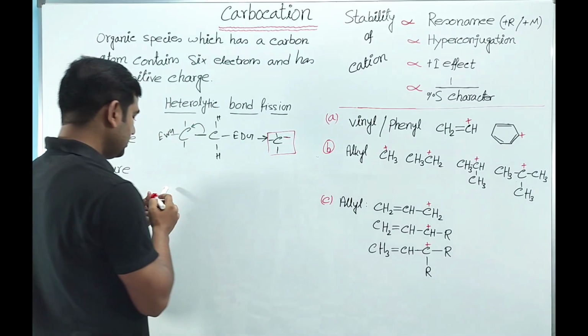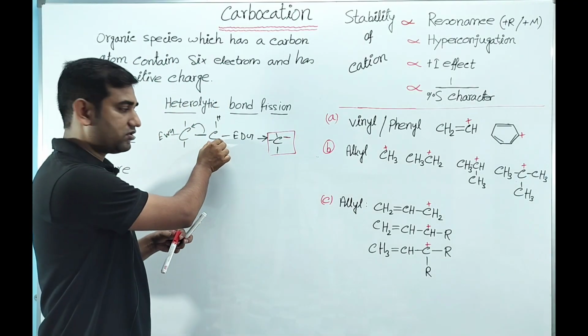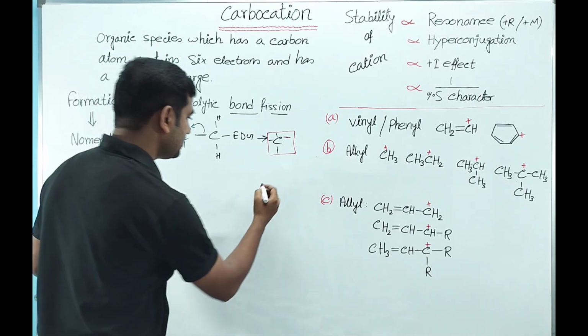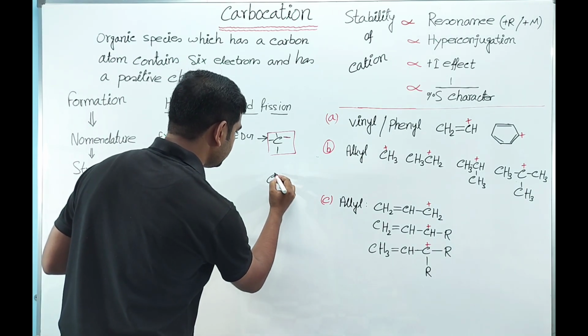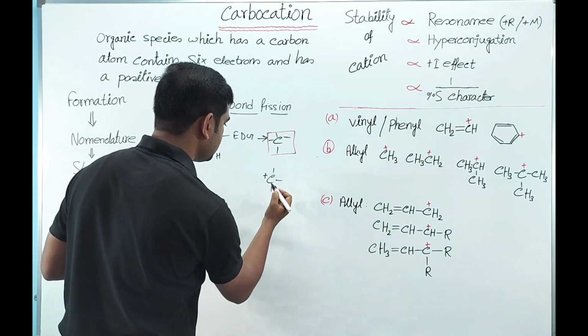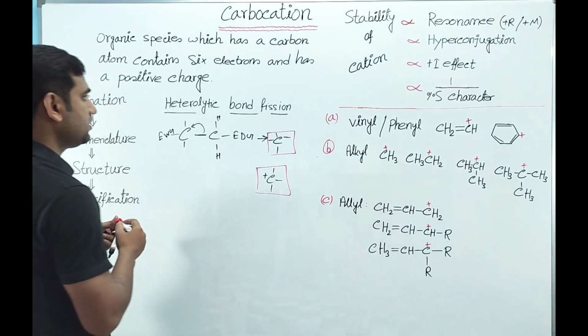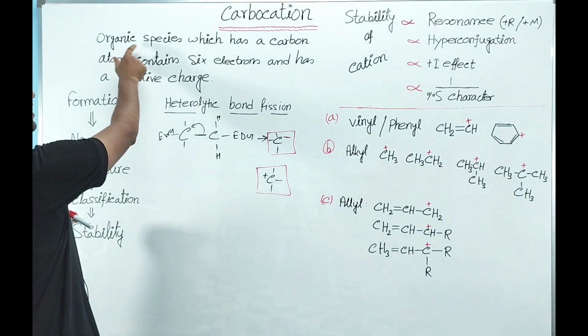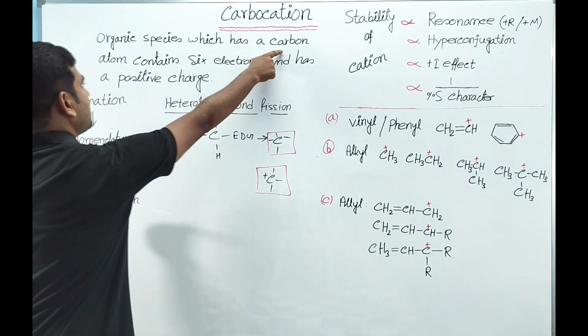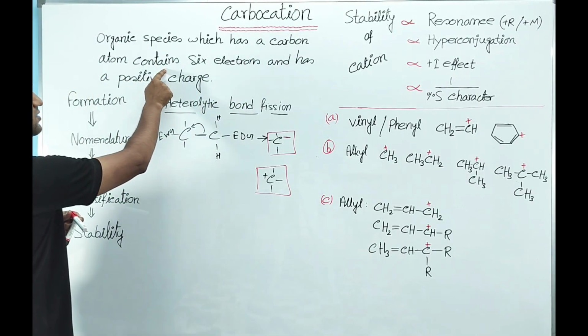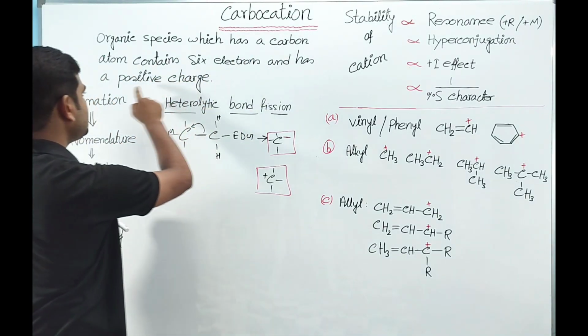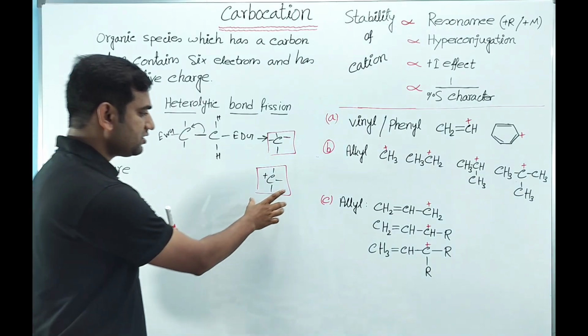But the other one, due to the loss of the electron, forms a carbocation with a positive charge. So I mention here: an organic species which has a carbon atom containing 6 electrons and has a positive charge. So this is carbocation.